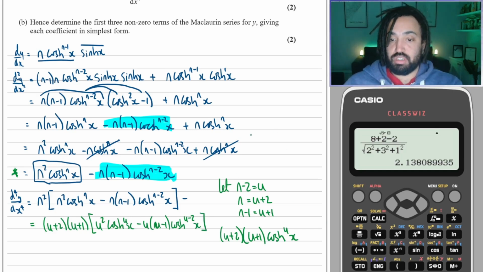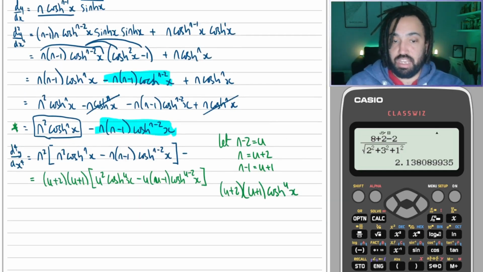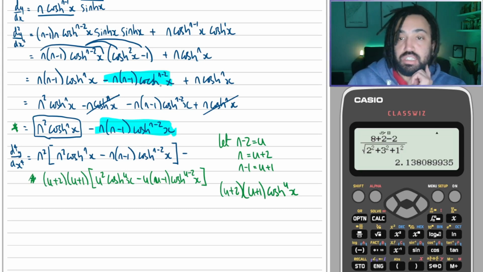Okay, so now let's just replace that with the n's. Sorry, it shouldn't be an equal sign there because it's all one thing. And let's bring it all together.